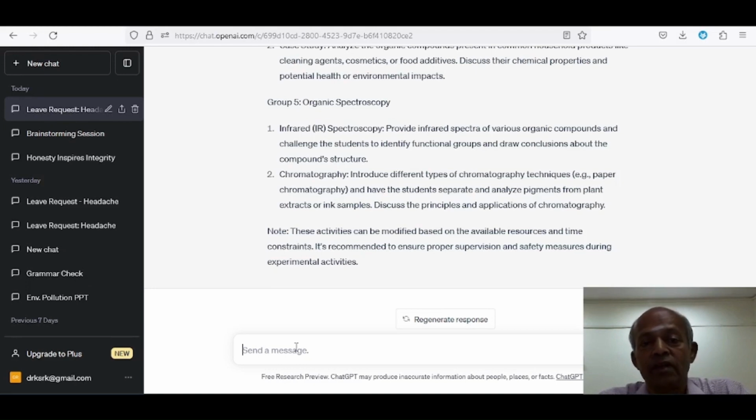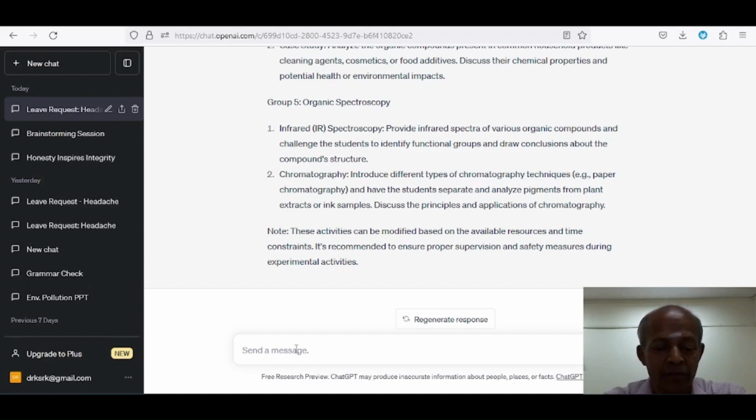See, for example, you are organizing a tour from Madurai to the Kalpakkam Atomic Research Center in Chennai, and for that we want to organize budgeting and role allocation, etc. So for that we can use ChatGPT.